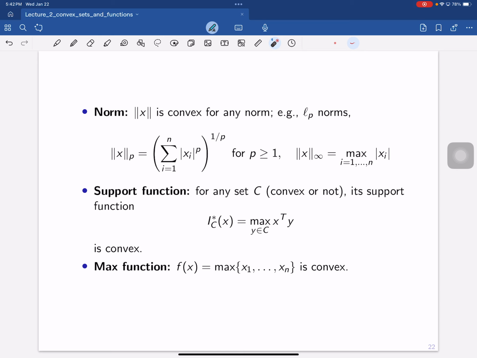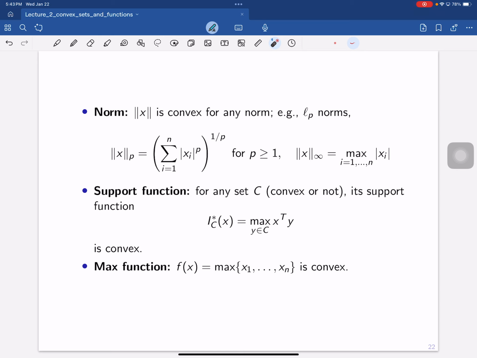Here, consider any set. The set does not need to be convex. So its support function is saying, I give you a value x. Now consider the maximum over y in this set of x transpose y. So what does that mean from a geometric perspective?